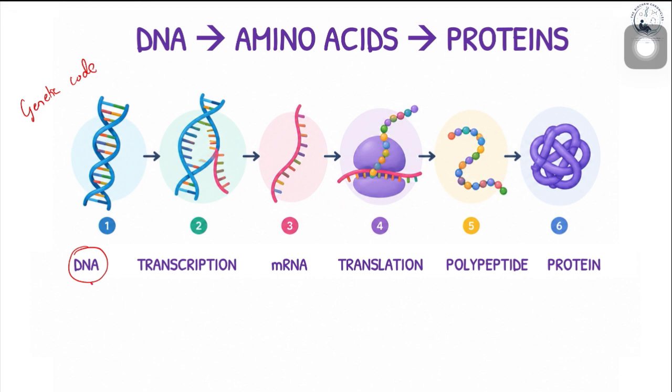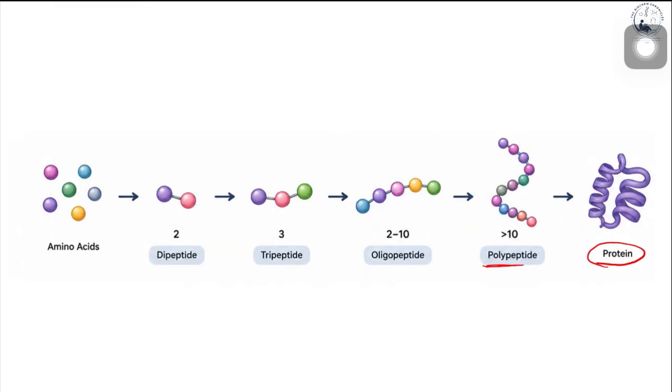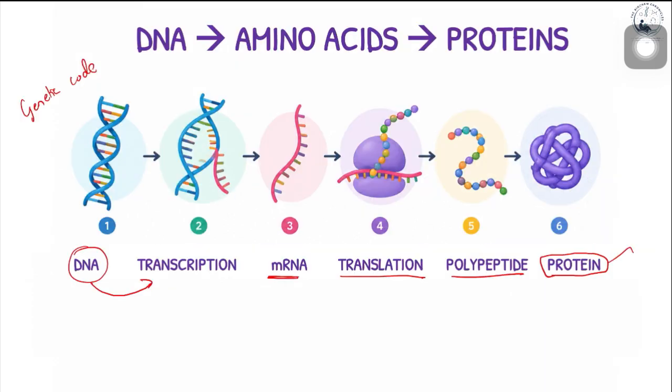Your genetic material will form an mRNA by the process known as transcription, which will then be translated to form a polypeptide, which will fold to form your final protein. So these different genetic codes have coding for different amino acids in different orders, which will ultimately form your final protein.